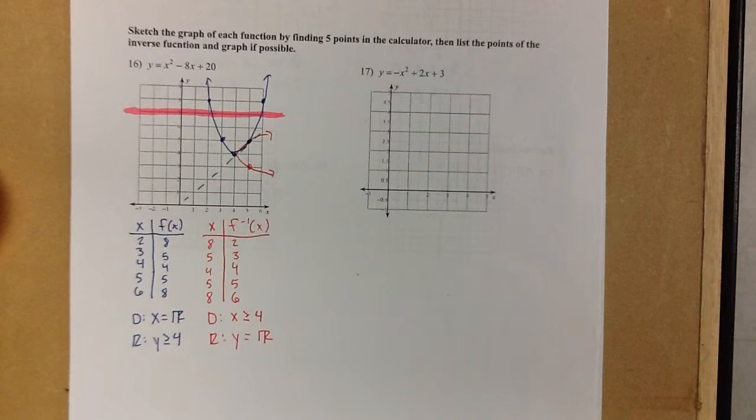Okay. If it passes the vertical line test and the horizontal line test, what is that function now called? 1-to-1. Good, you remembered. Okay. So I just said that the inverse is not a function. But what we can do is we can restrict the domain of the original one and turn the inverse into a function.